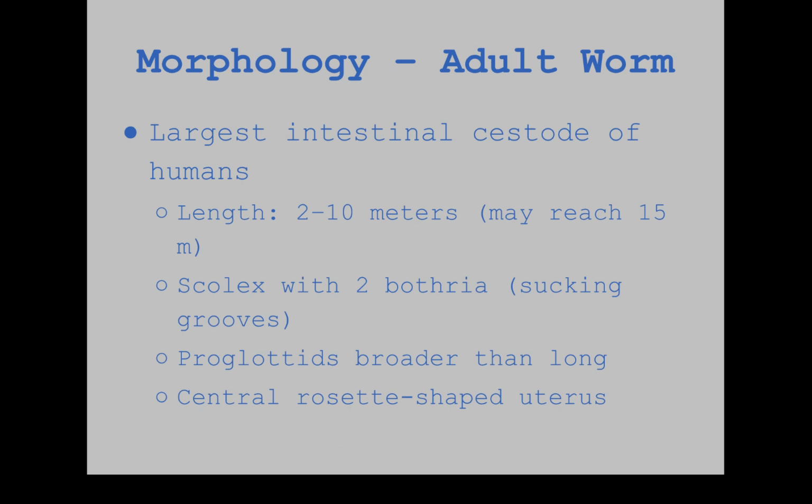Coming to the morphology, it has the adult worm, eggs and larvae. The adult worm is the largest intestinal cestode of humans. Its length is 2 to 10 meters and may reach 15 meters, and it has a scolex with 2 bothria, which are sucking grooves.